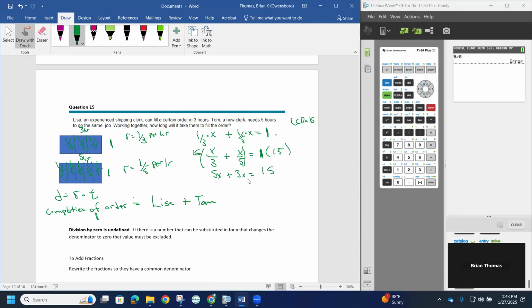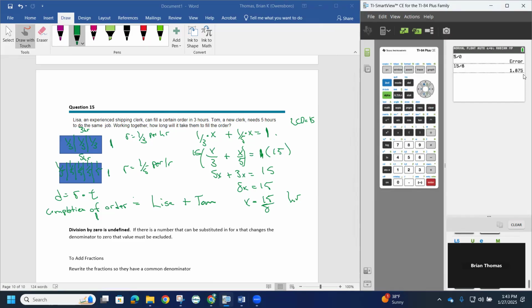So our equation becomes what we call linear. 5x plus 3x is 8x equals 15. And if we divide by 8, we have 15/8 hours. So as far as hours go, 15/8 hours is how long it's going to take them to do that. If I put 15 divided by 8 into the calculator, that would give me 1.875.